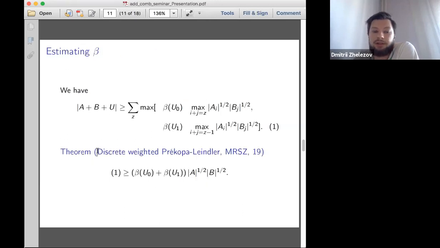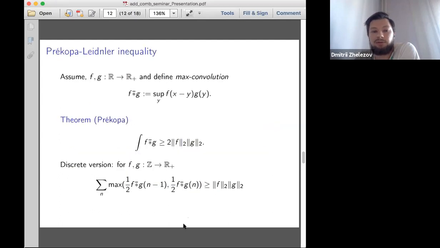Okay, so here I write the discrete weighted Prékopa–Leindler inequality. So what's that? First of all, let us recall the classical analytic Prékopa's inequality. One would need to introduce max convolution for 2 functions.